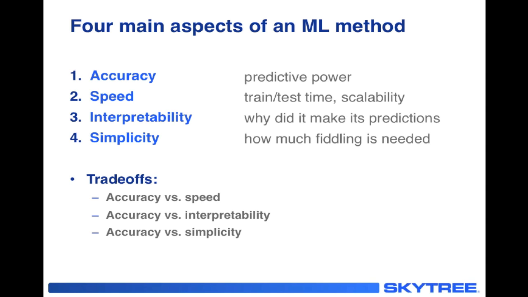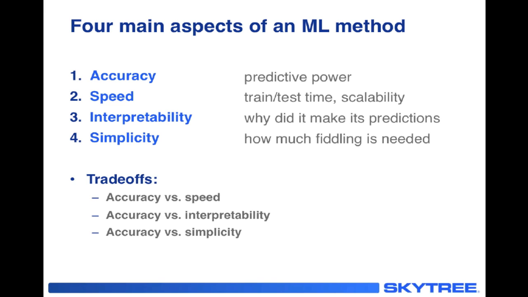Okay, number four, very important actually, is the simplicity of the method, which means how much fiddling and screwing around the data scientists need to do. This is sort of all of these things, but particularly this one and number three are a little qualitative, hard to really fully numerically quantify.